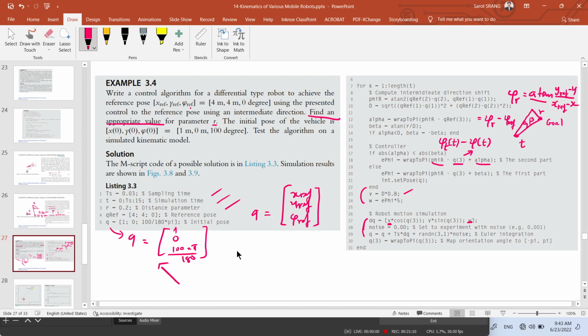So let me just remind again. Once we know V and omega, we can use inverse kinematics from robot velocity to actuator velocity. And then we have another set of control for the actuator.